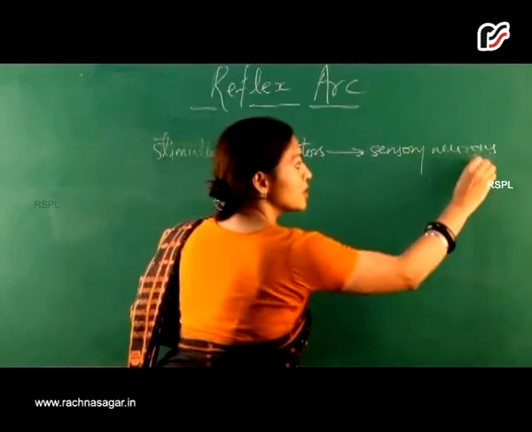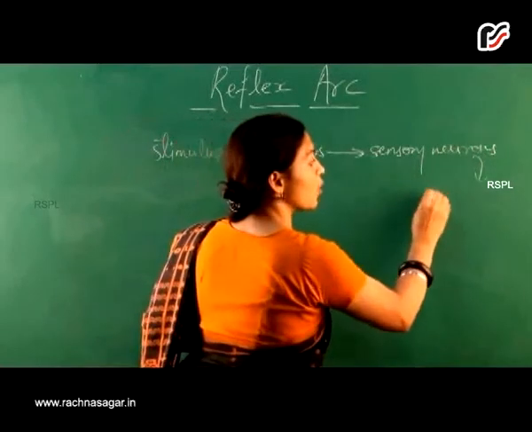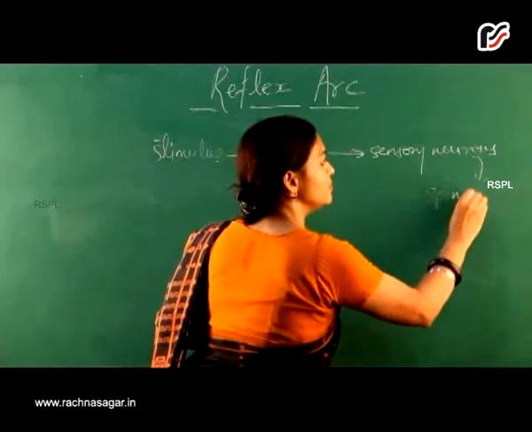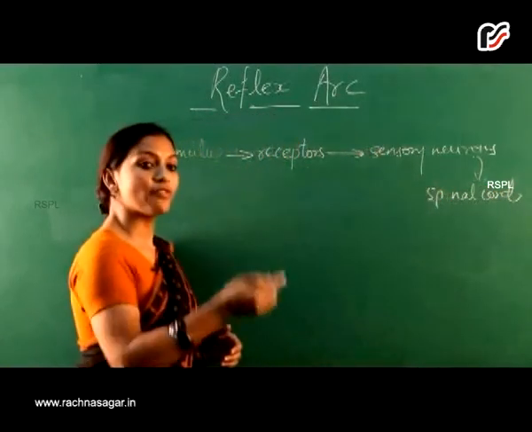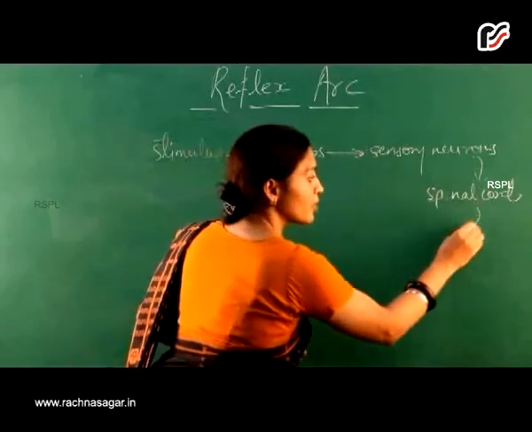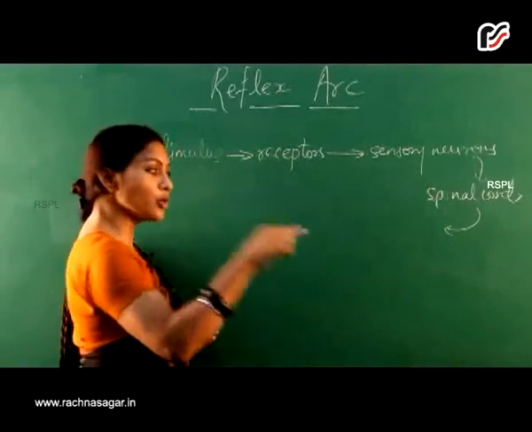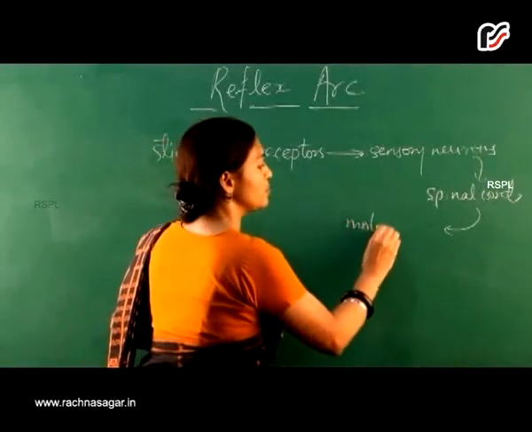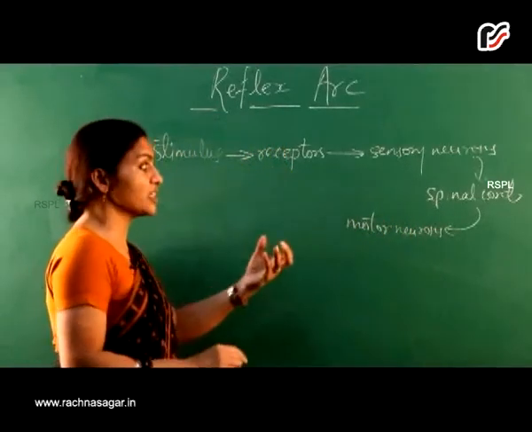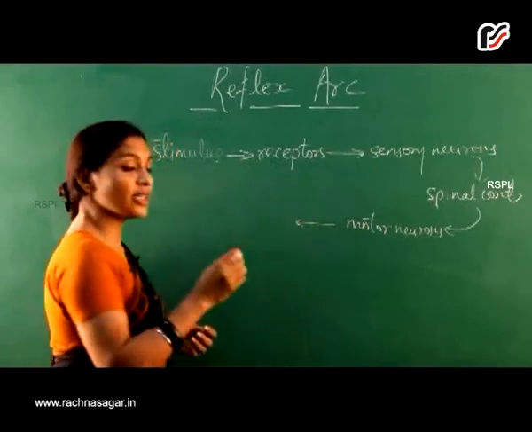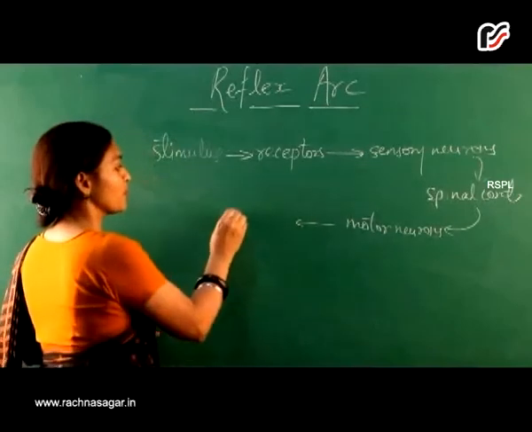These sensory neurons carry the sensation to the spinal cord. From the spinal cord, the information is interpreted and via motor neurons the command is relayed and it goes back to the same organ, in some different muscles.